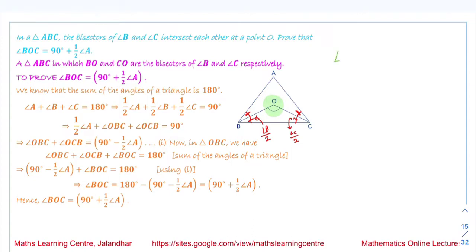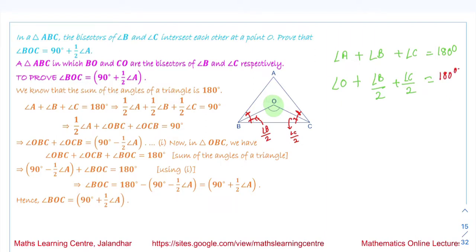So now we have angle A plus angle B plus angle C equal to 180 degrees. Now in the smaller triangle, the triangle OCB, we will have angle O plus angle B by 2, this angle, and next angle C by 2, and the sum of these is 180 degrees.